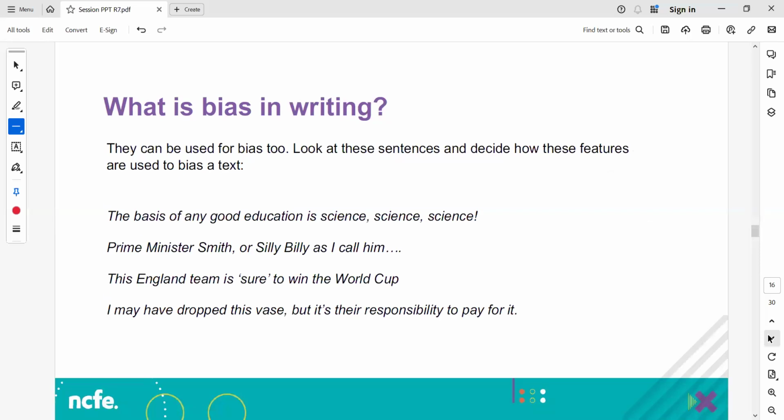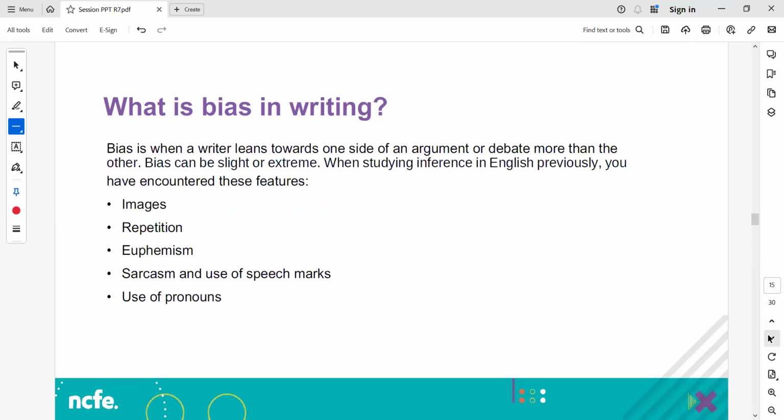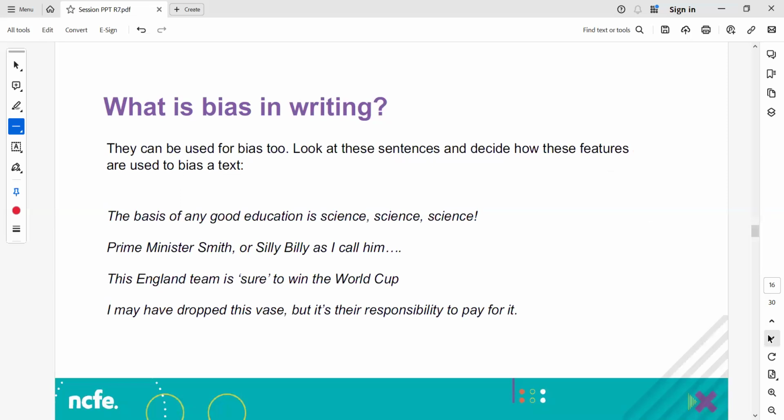And those features can be used for bias too. So I want you to look at these sentences and decide how those features are used to bias a text. How are they used in these sentences?